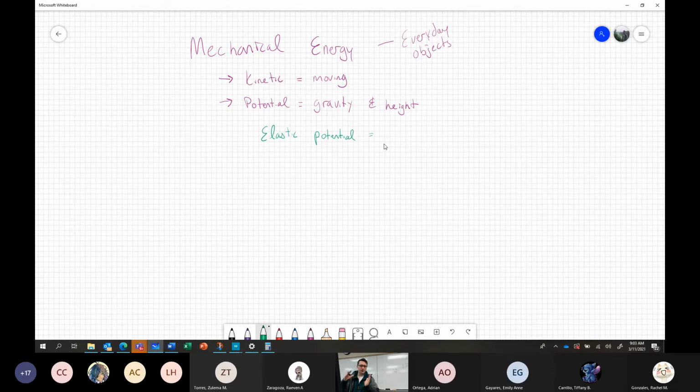It's the energy that is stored in that deformation because it wants to revert to its original shape. Think about a rubber band. As you pull a rubber band, it wants to revert to its normal size. So that would be elastic potential.